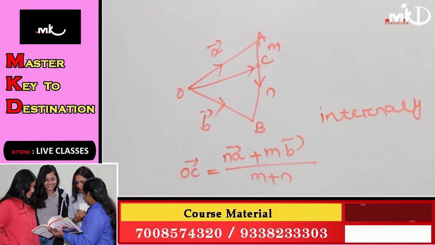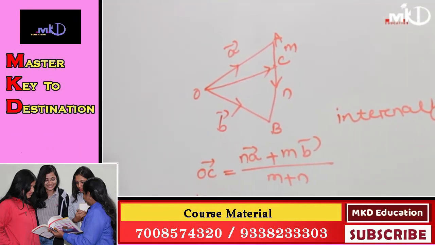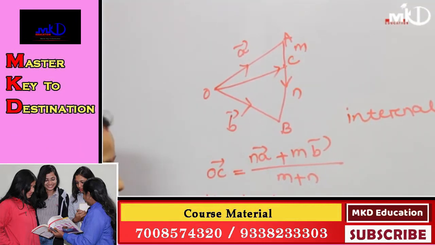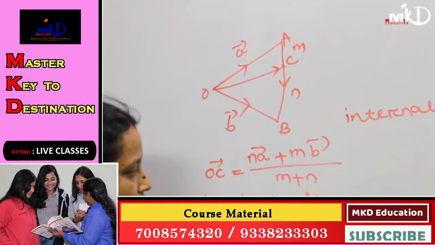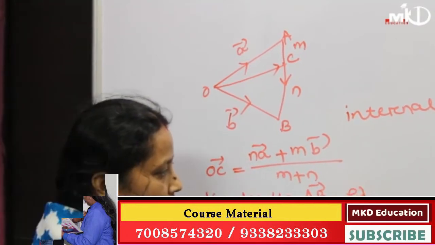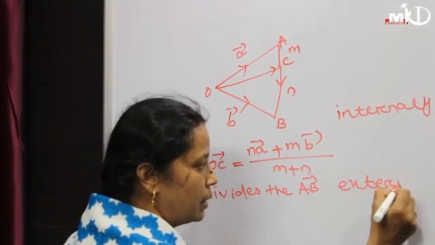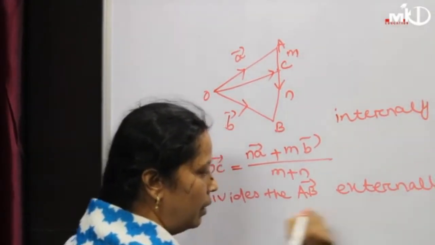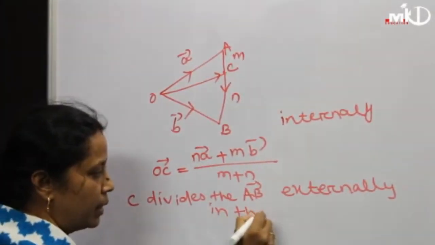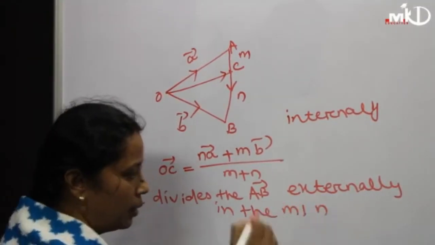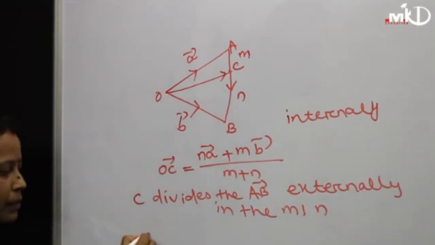If C divides the vector AB externally in the same ratio, that is M is to N, then what is the position vector of C?